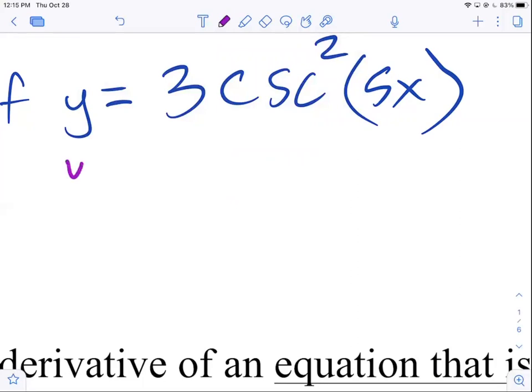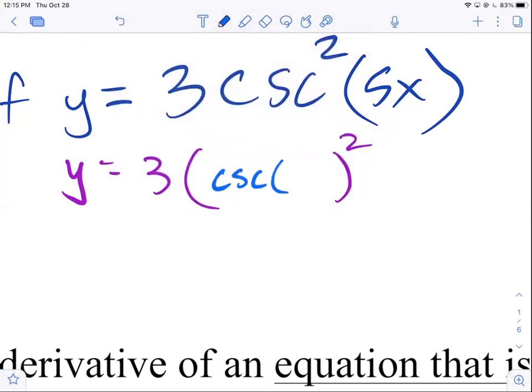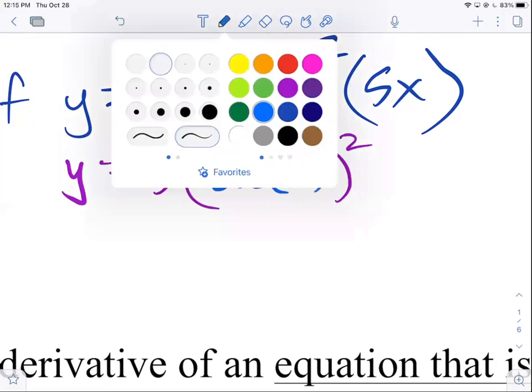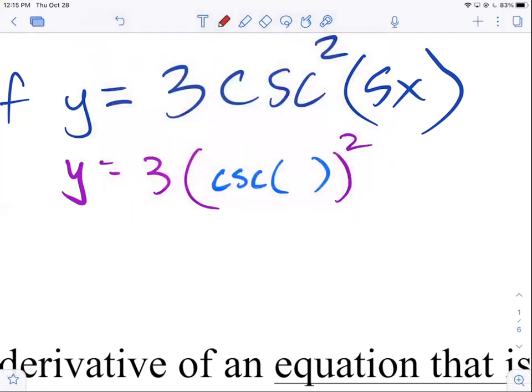So if we're going to rewrite it, y equals, we got 3 blobs squared, right? That's the outer layer. The purple layer is the outer layer. Then you go inside and you're like, what's up, cosecant of blob? And then in the innermost layer, the innermost sanctum, if you will, you have the blobbiest of all blobs, the holiest of all holies, 5x.